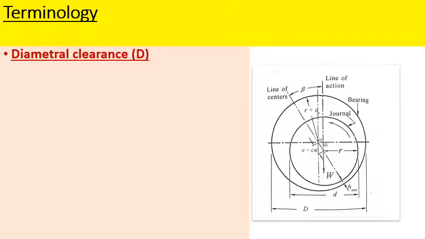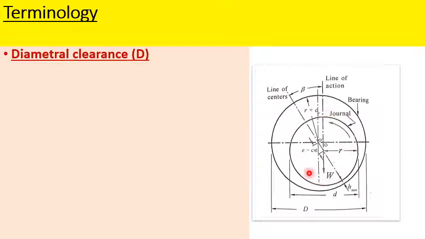So from the figure you can see that the journal has moved into an eccentric position with respect to this bearing, and here there is a lubricant or oil film.